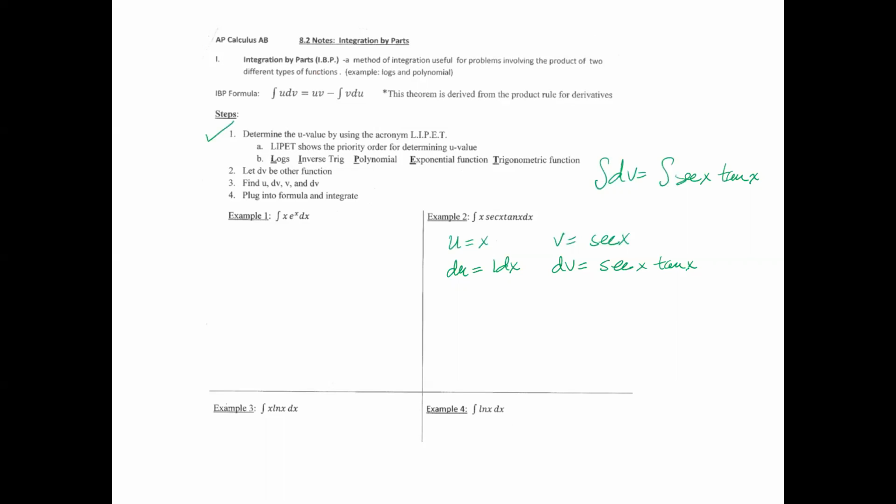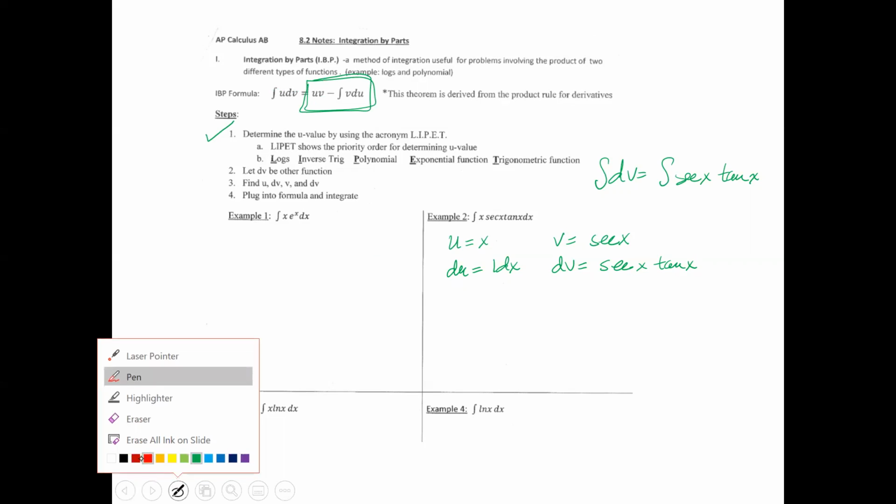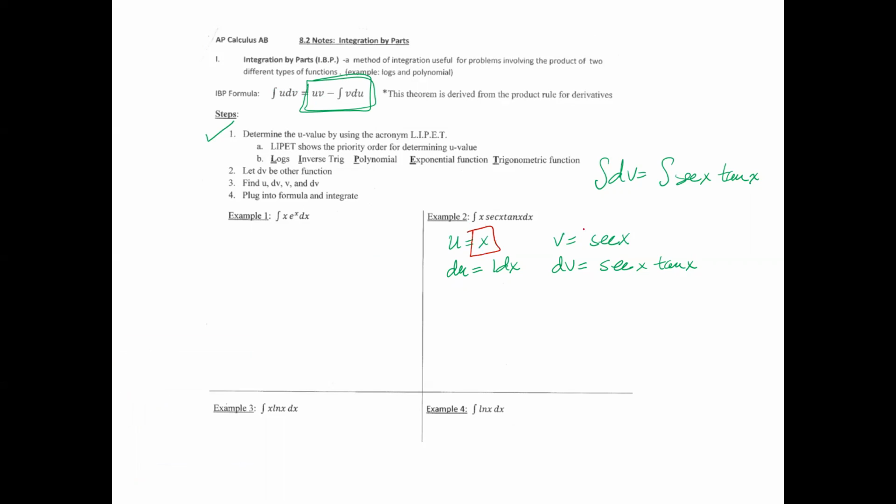So then let's go ahead and plug this into the equation right here. u times v is going to be x secant x minus the integral of v times du. v is secant x times du, which is dx.